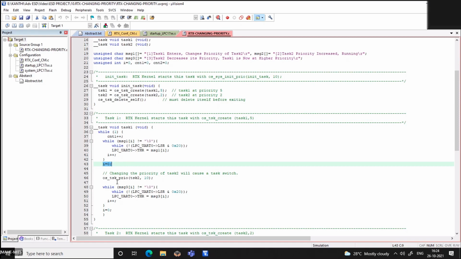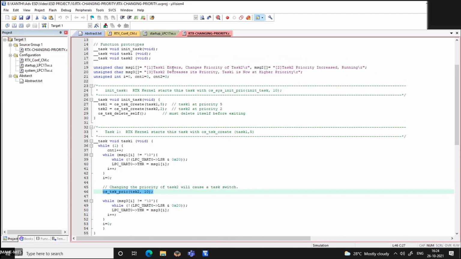So what we do is, I'm changing the priority of task 2. Okay. So once that particular message, what is message 1? Task 1 enters, change priority of task 2. This is the message which we are putting, which means I've started task 1 and I'm asking task 1 to change the priority of task 2.